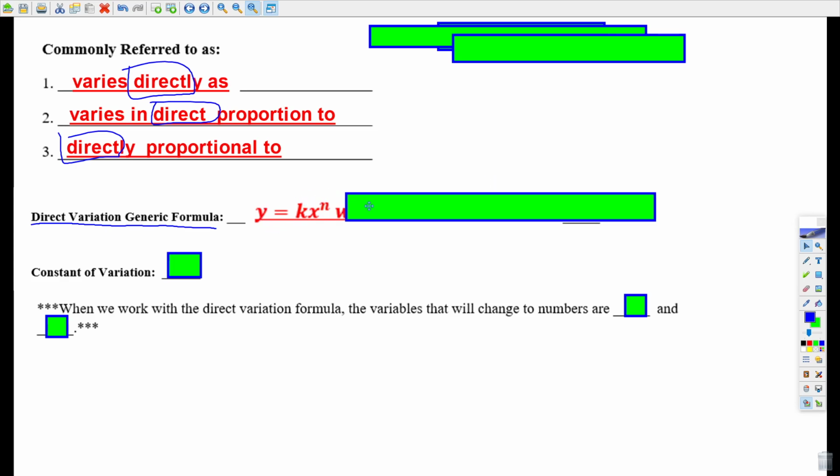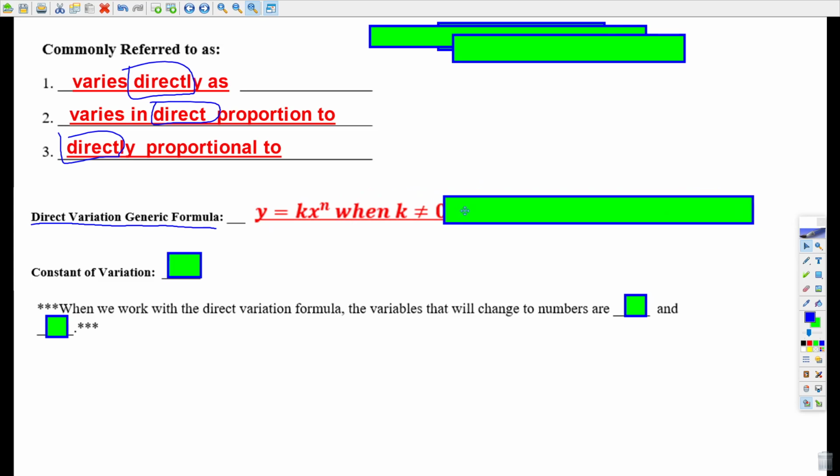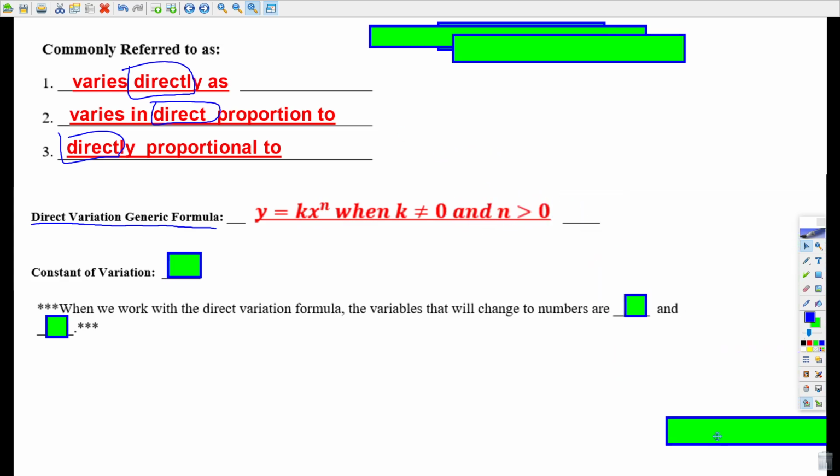That's the generic form, where k cannot be equal to 0. I hope that makes some sense, because if k were 0 it would make the entire thing 0, and then there'd be nothing to even look at. And the power n has to be greater than 0 as well, so we're not starting at 0 or doing any negative numbers. We'll be putting in like 1, 2, 3, 4, and so on.